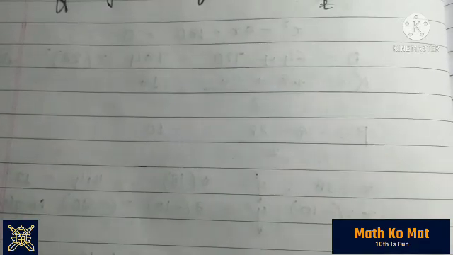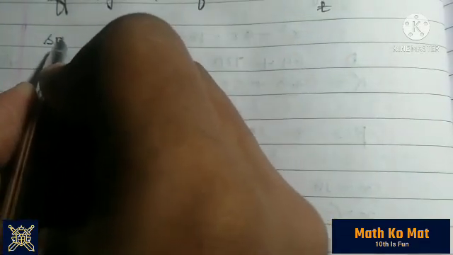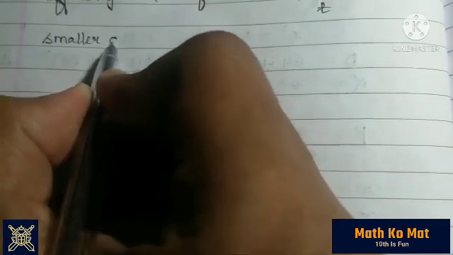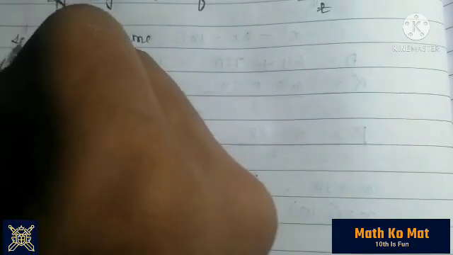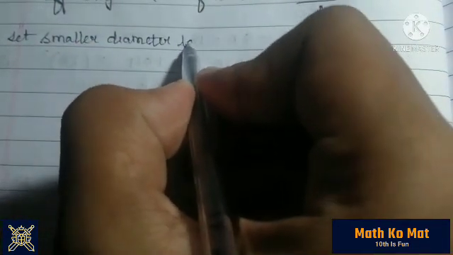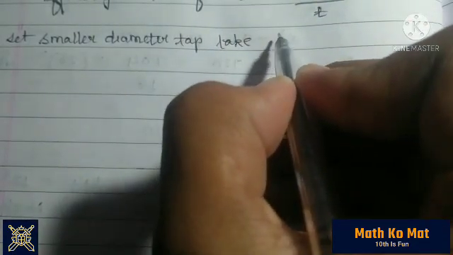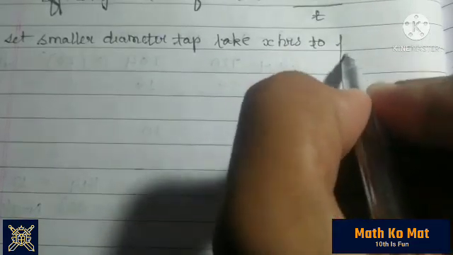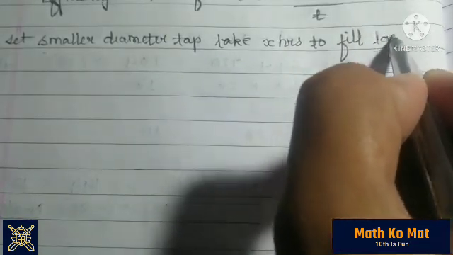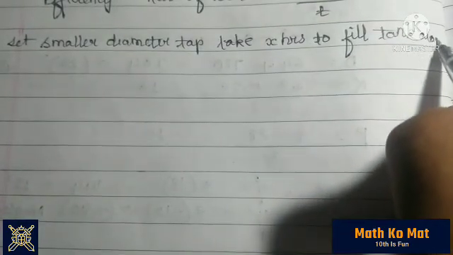So first we have to make an assumption. Let the smaller diameter tap take x hours to fill the tank separately, alone.